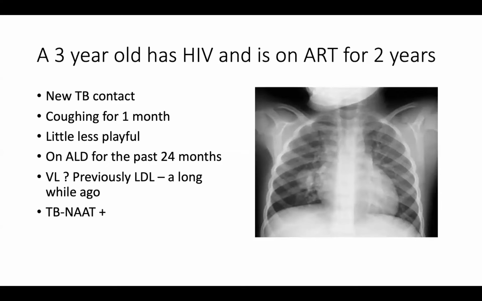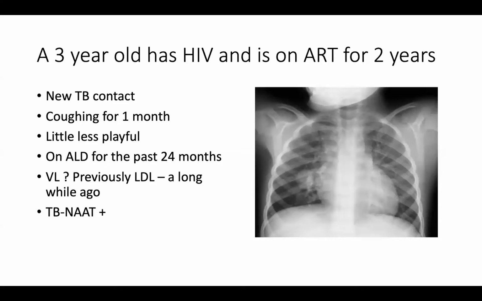But I think in this case, the one thing that I would want to add is that you do want to check this viral load, right? Because we know that children with HIV remain at high risk of tuberculosis, regardless of antiretroviral therapy. So even if they are suppressed, they are at increased risk.